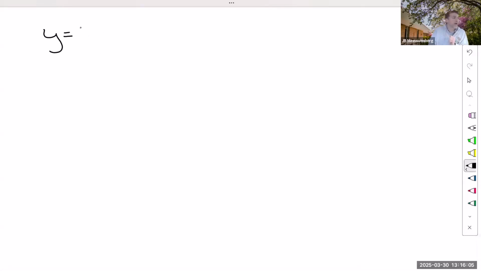I'm going to say y is equal to -3x plus 4 is one equation, and y is equal to 2/3 x minus 1. So see if you can use what we've already learned and figure out what the graph of those lines might look like. Take a few moments to try that.